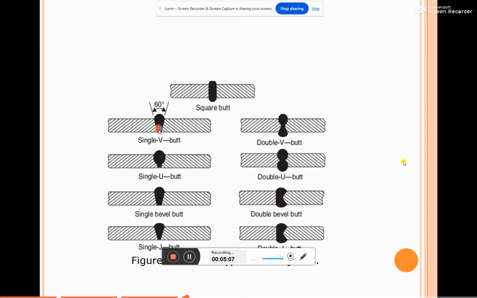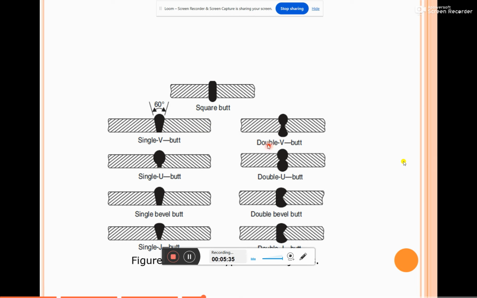Such a joint is known as the single V. It is preferred when the thickness increases.